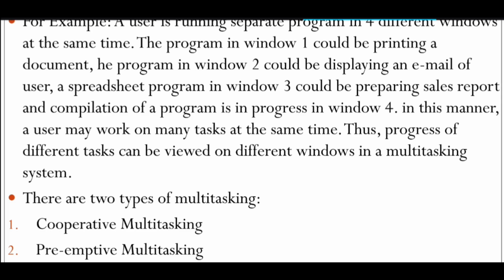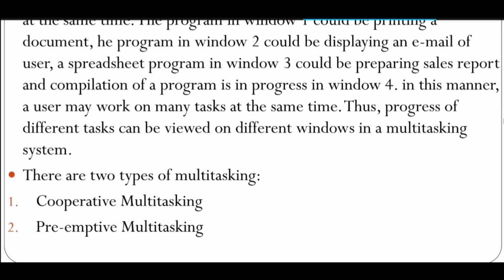Cooperative multitasking means a process inside the CPU during execution can voluntarily leave the CPU, not forcibly. Only if it wishes, or it has finished its work, will it leave the CPU. It can't be forced out.